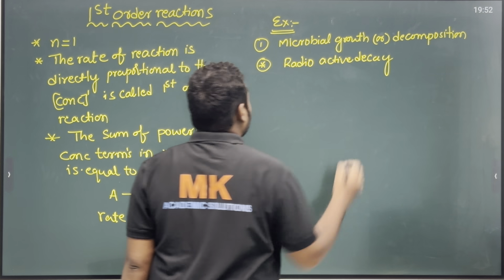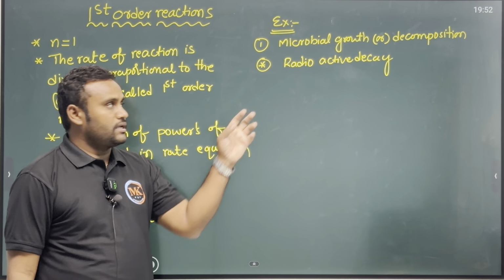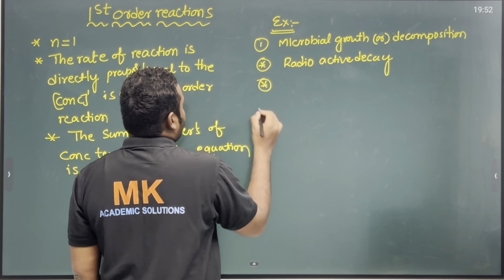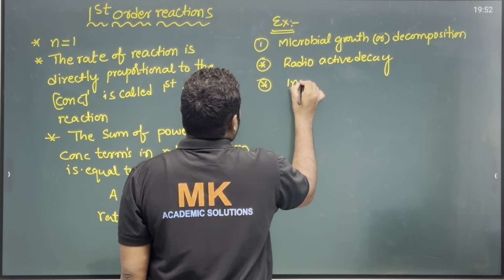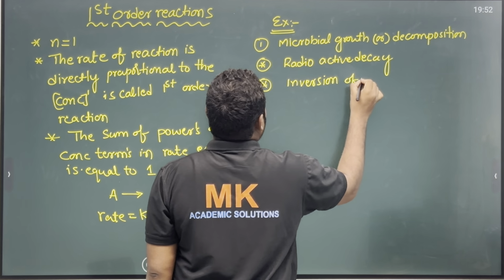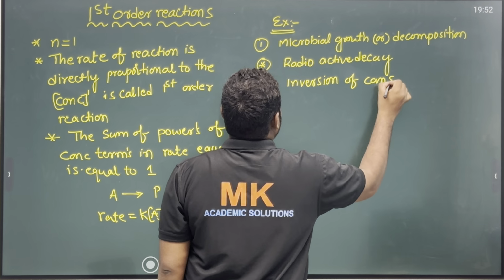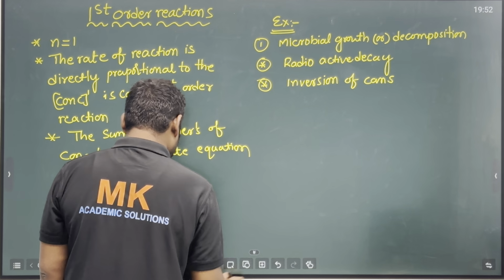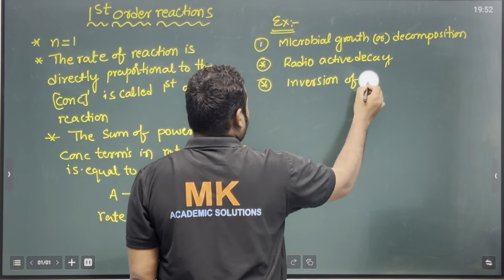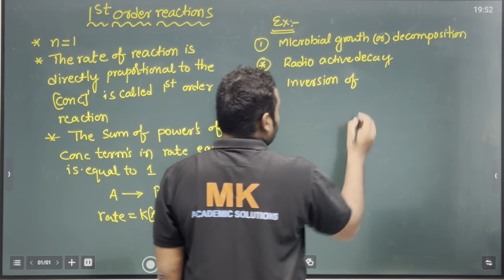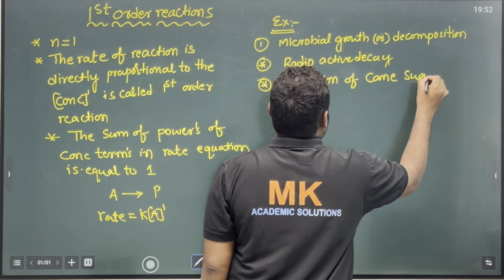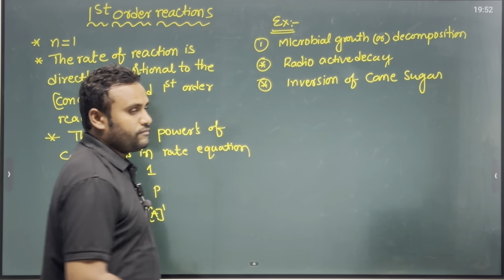Radioactive decay in nuclear physics, we can consider it as a first order reaction. And inversion of cane sugar, it is also an example of a first order reaction.